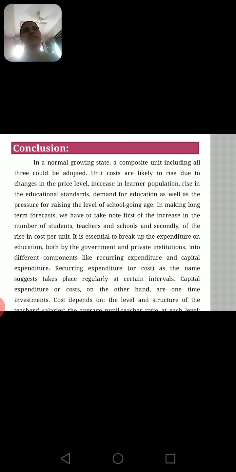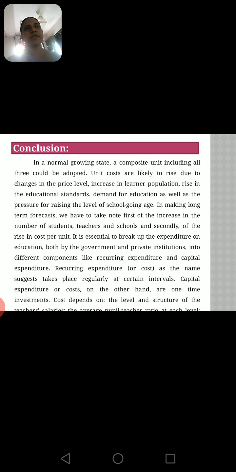It is essential to break up the expenditure on education, both by the government and private institutions, into different components like recurring expenditure and capital expenditure. A recurring expenditure or cost, as the name suggests, takes place regularly at certain intervals.